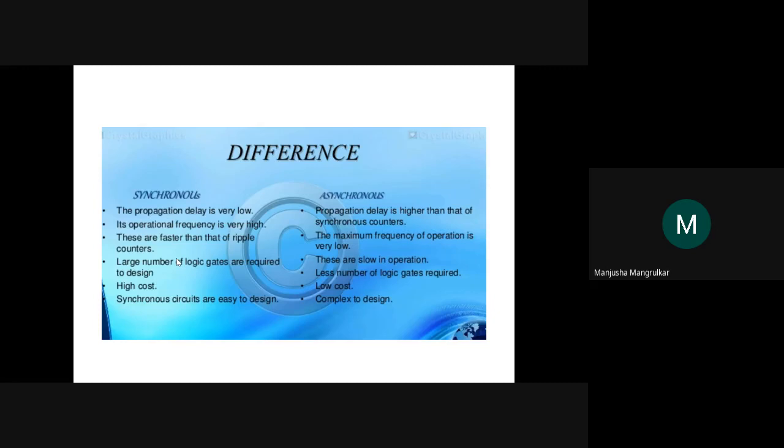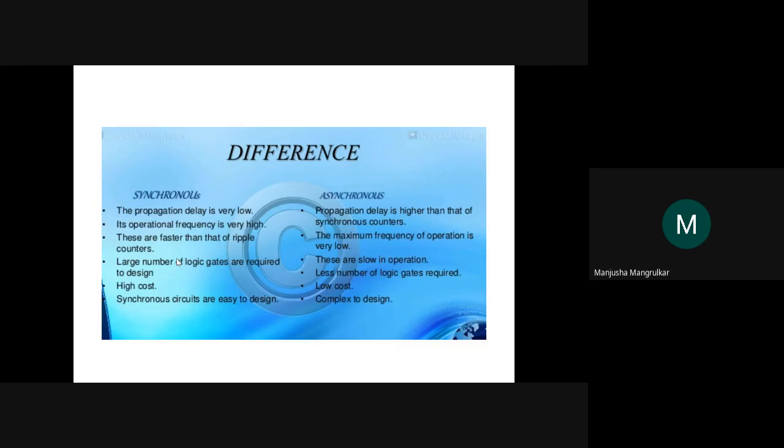And here in synchronous we trigger all the flip flops at the same time, right? So its operational frequency is very high, and in asynchronous the maximum frequency of operation is very low. Synchronous counters are faster than the ripple counter. Asynchronous counters are slow in operation, right?